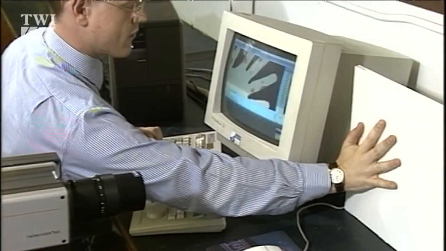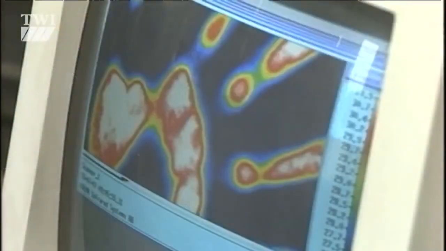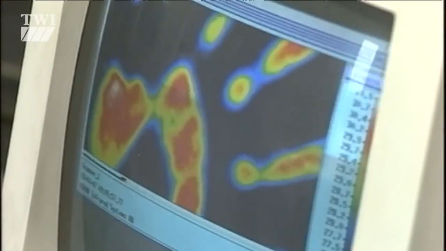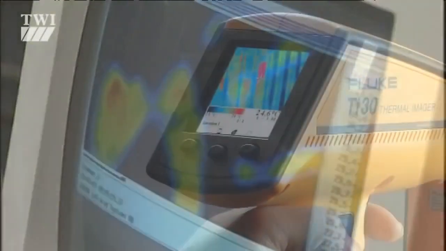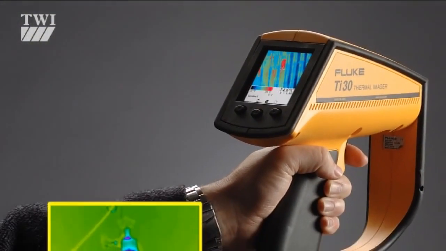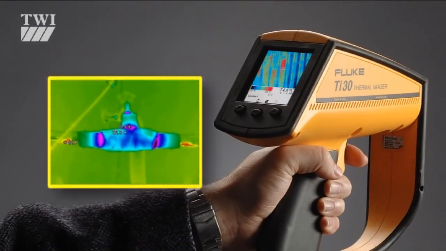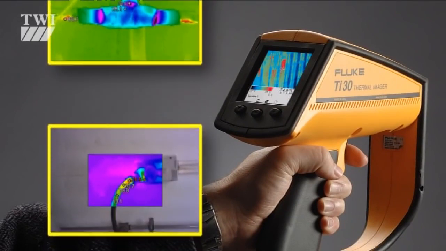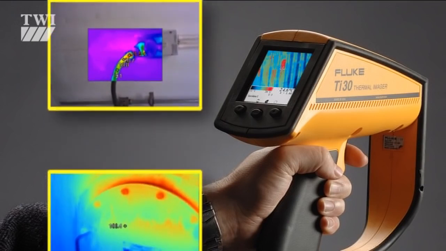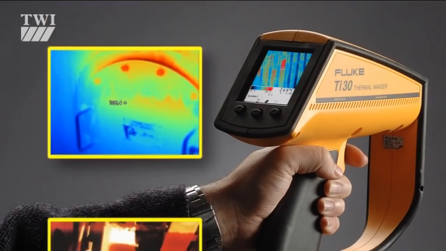Lastly, to thermography. Thermography is the simplest of all thermal inspection techniques. It involves using an infrared camera to look for abnormally hot or cold areas on a component operating under normal conditions.